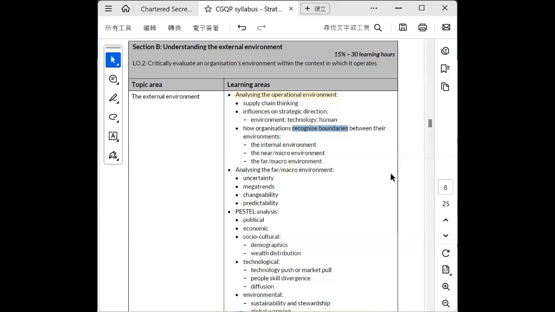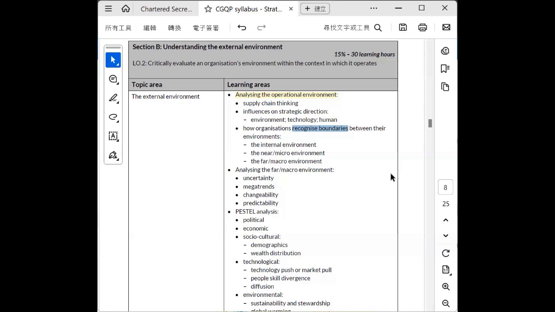Near microenvironment consists of external elements that interact closely with the company, like customers, suppliers, competitors, and regulators. And the far macro environment encompasses the broader forces, the economic forces, social forces, and various other forces that shape the long-term trend and the strategic risk.